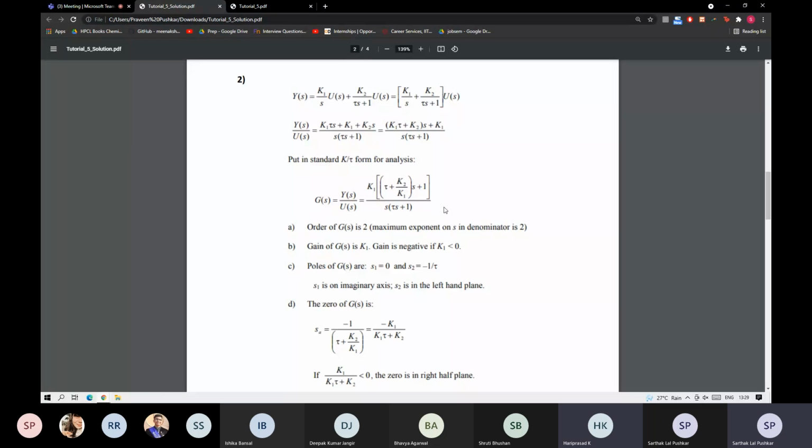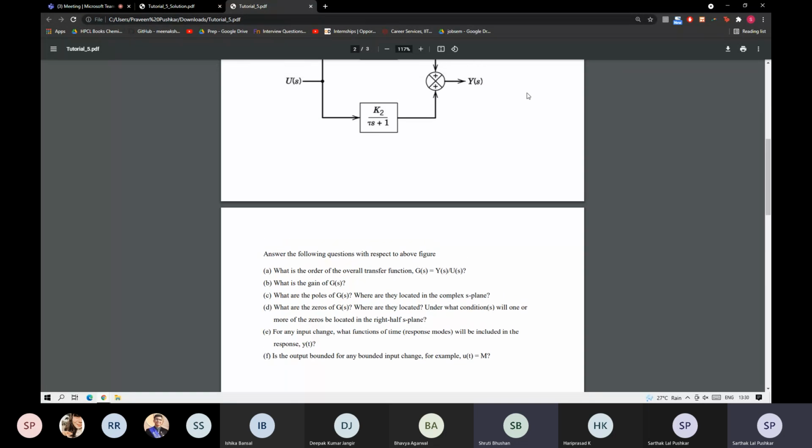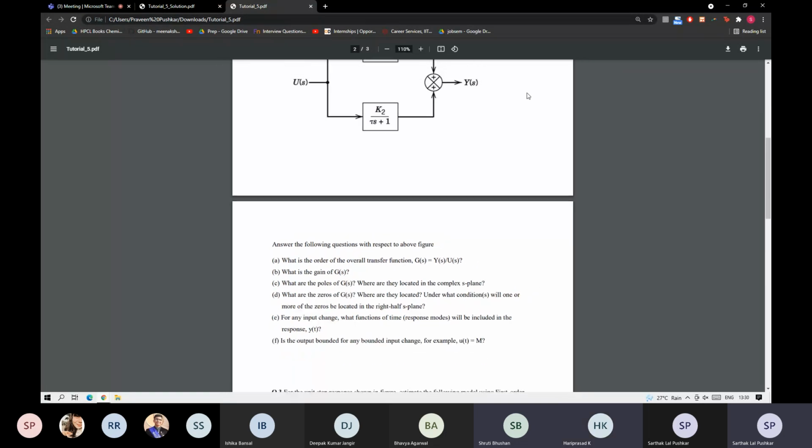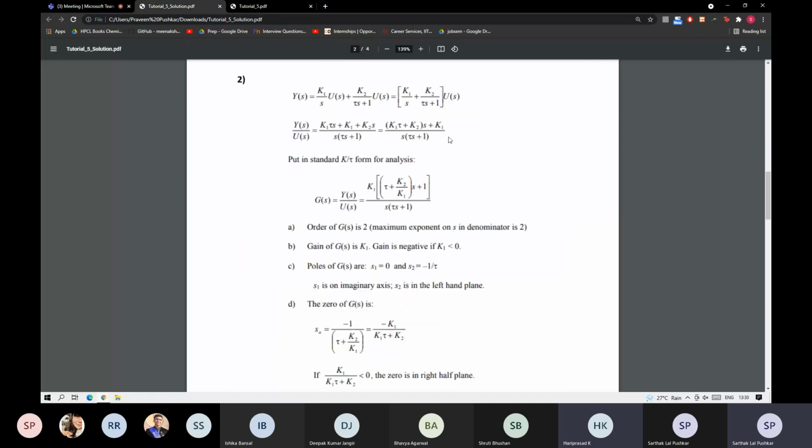So now, exactly what is your question? Could you tell me in what context? So earlier we used limit s tends to 0 of G(s) for calculating the gain. Yes. Is that your doubt, how that G(s) is going?